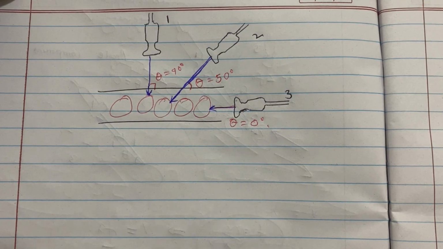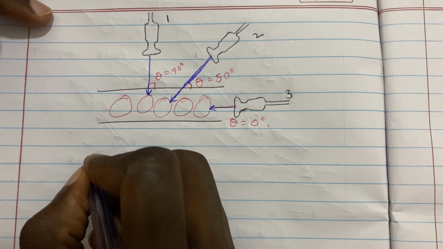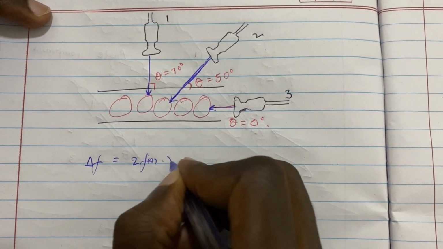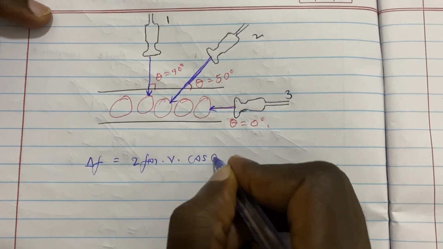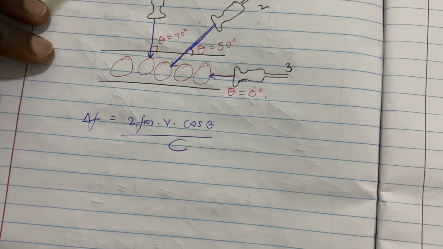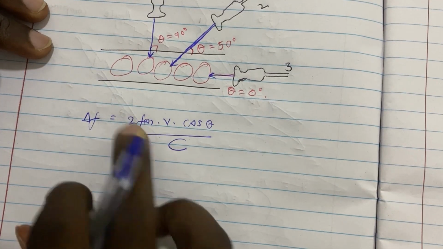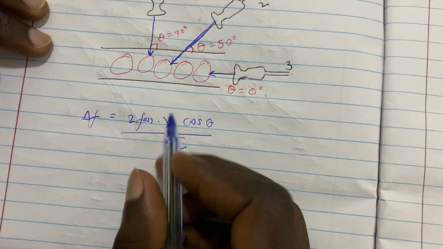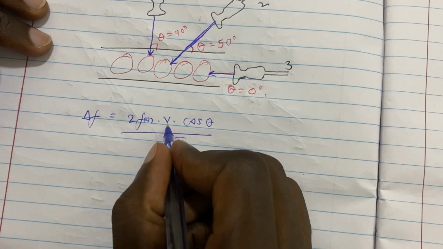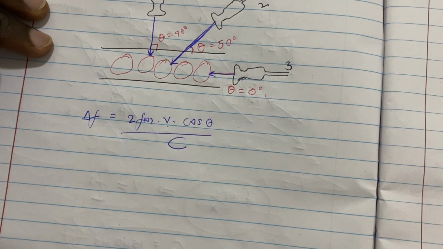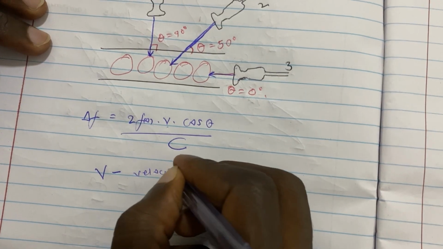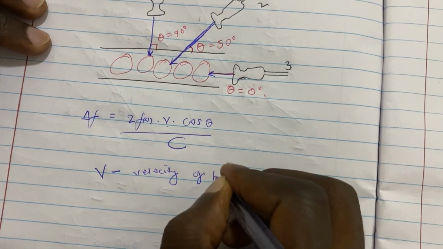So we are going to see, like we can confirm that in this equation, 2f0 into v into cos theta over c. Since these ones are constants, the Doppler shift will depend on velocity, because velocity is not constant. The velocity we are looking for, v, is the velocity of blood.